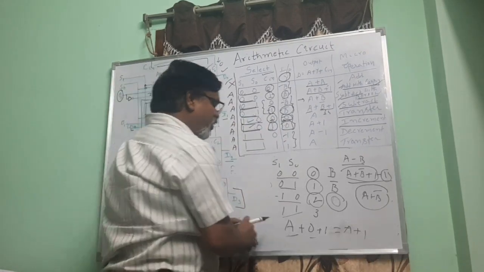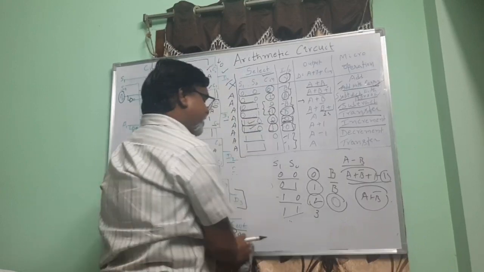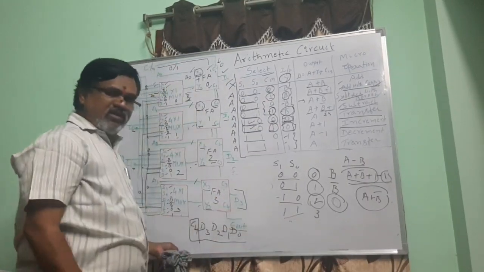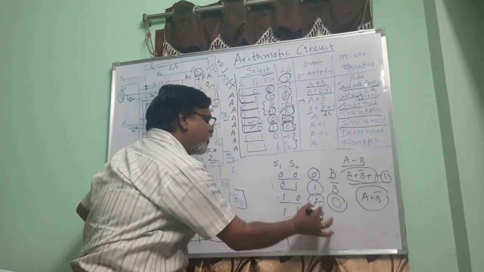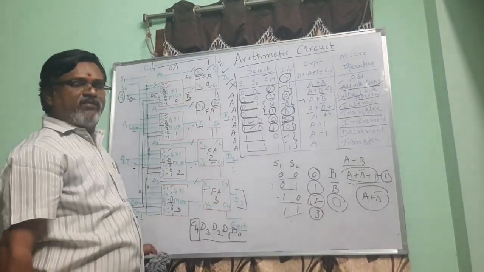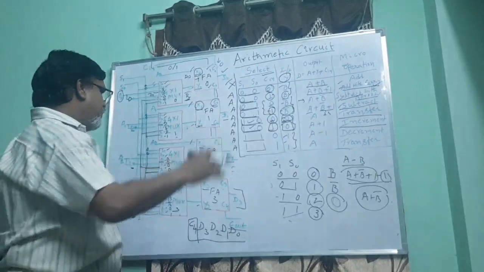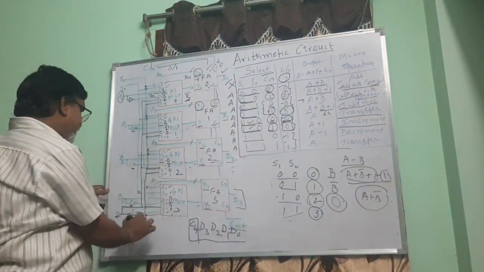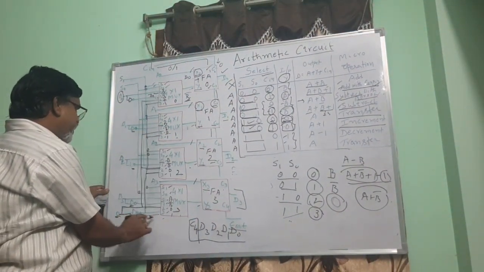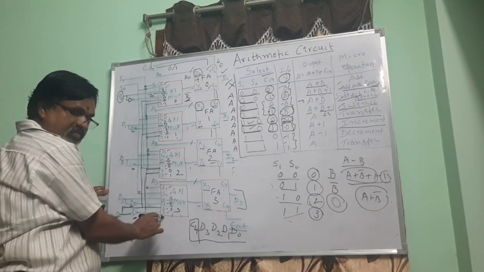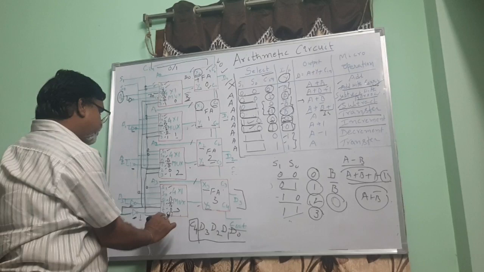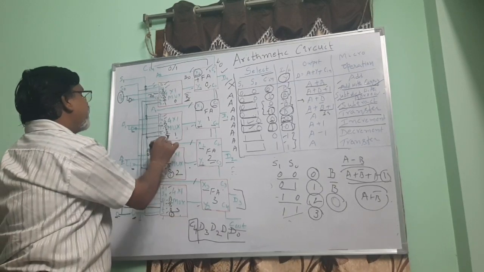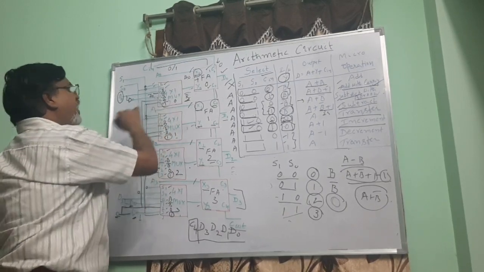Now come to the fourth combination of our select lines, that is 1 and 1. Whatever value is given at pin number 3, that is the fourth position of your multiplexer, will be selected. So what is pin number 3? The 0 is complemented and given here. So it means 1, 1, 1, 1, 1 at all multiplexers.